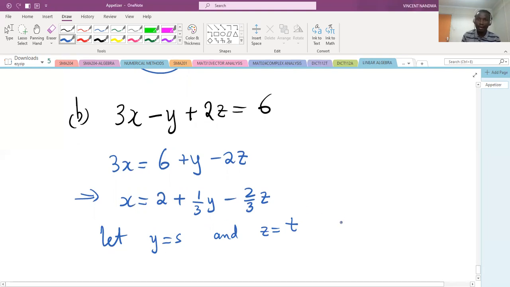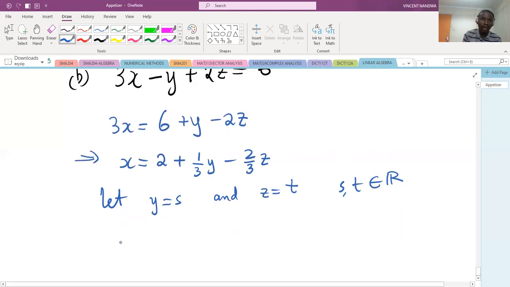So pick different letters to represent the parameters. Where s and t are real numbers, we'll have x equals 2 plus a third s minus 2 over 3 t, because we have already known what y is and what z is.